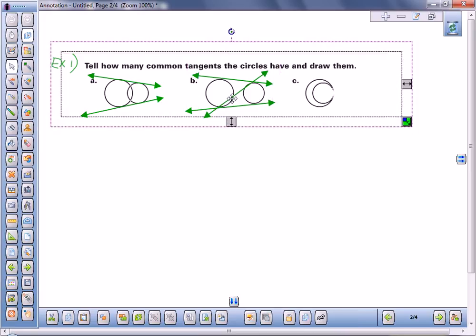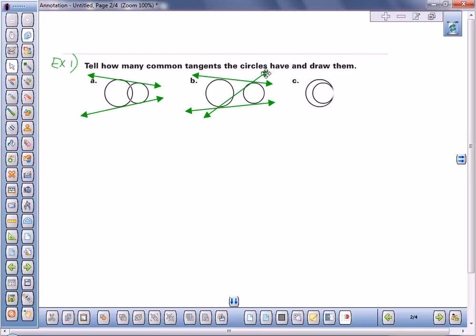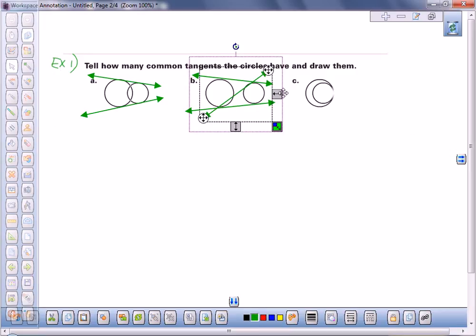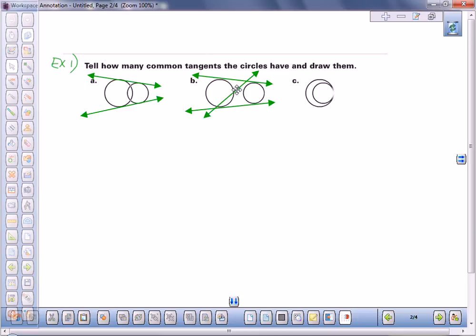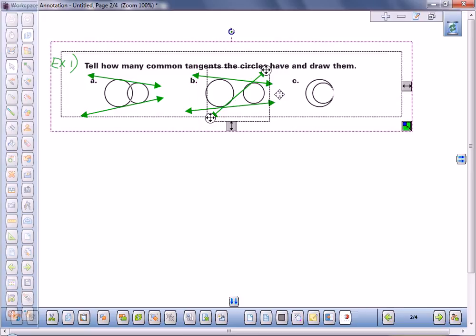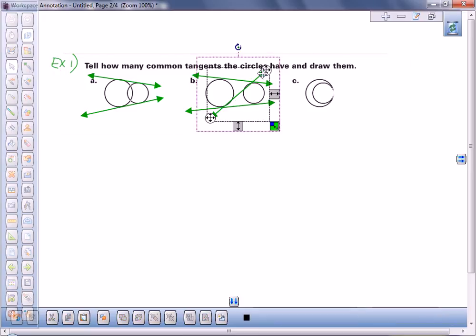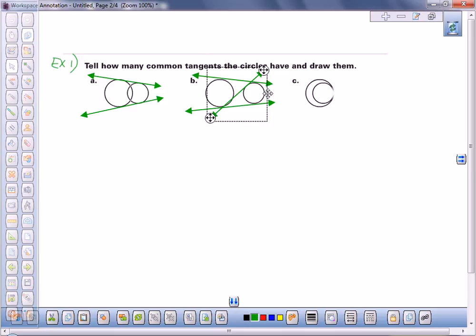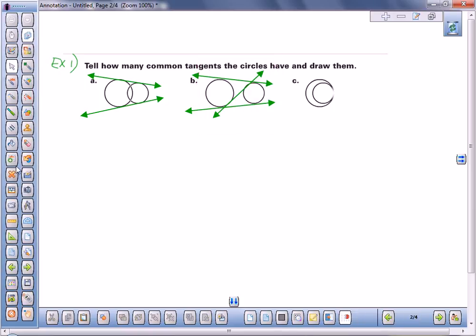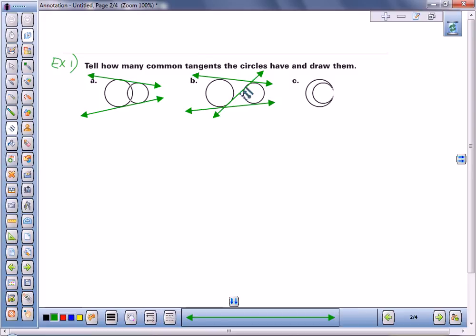I just want that one. I might be able to shrink it just a hair. There we go. It's not perfect, but it's close. There's one, and I'll try to draw the last one. Hopefully I'll be more successful. So we're going through down here, getting both circles. Not quite on it, but you get the idea.